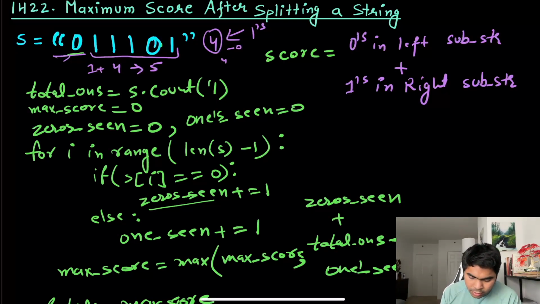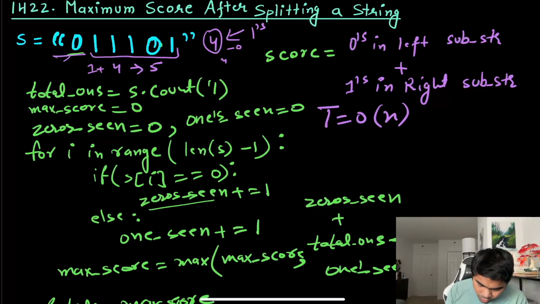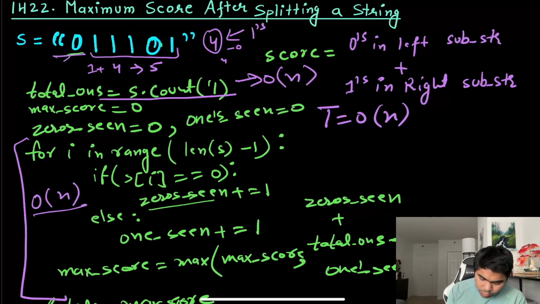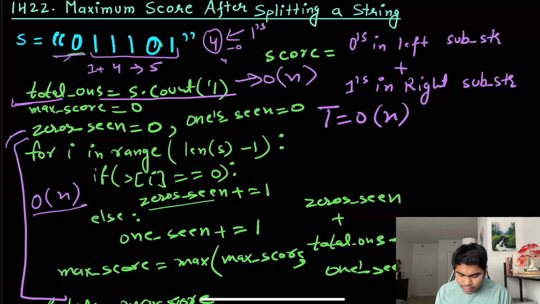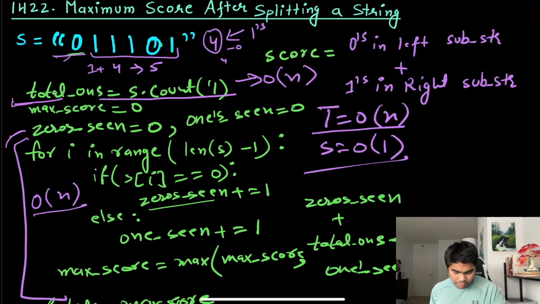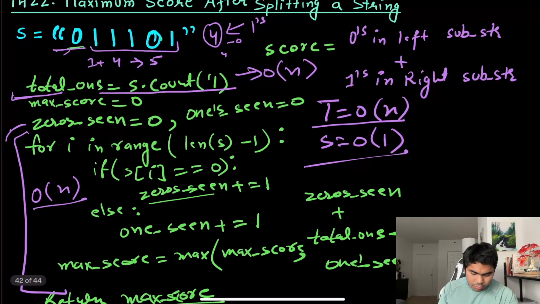And it brings down the time complexity to big O of n, because you are doing one simple count right here, which gives you a time complexity of big O of n, but then this is just a single pass, which is again also big O of n. But these are two exclusive, right? These are not nested loops, so that is why the time complexity is big O of n. Space is constant, right? So this is definitely a better solution.